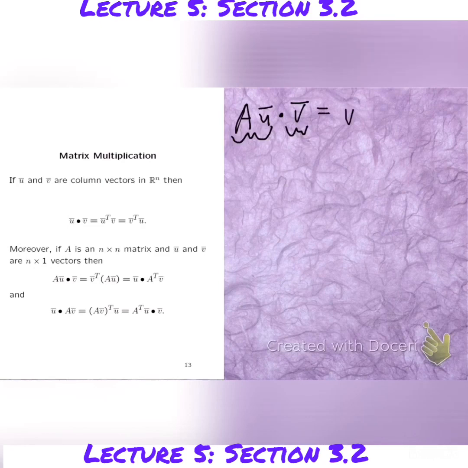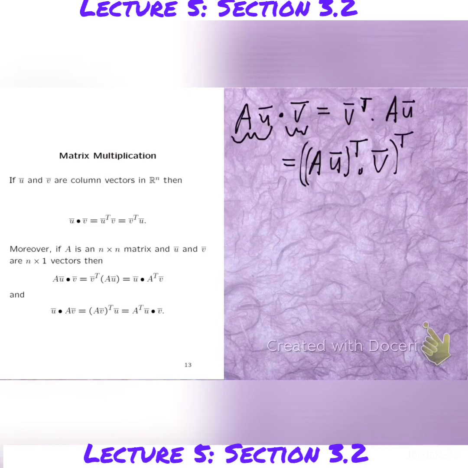taking the transpose of that column vector and matrix multiplying it with this matrix. Now, if we apply our transpose laws, they tell us that this can be written as this transpose multiplied by V, everything transpose.